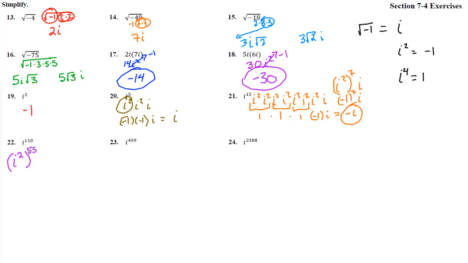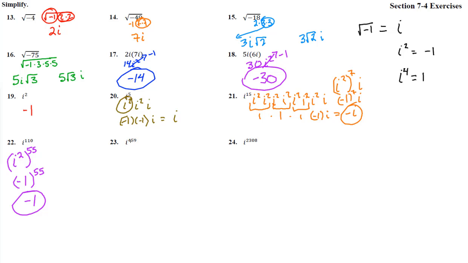There's 110 of them, so if we break them up into groups of 2, the i squared comes out and becomes a negative 1. So this is negative 1 all to the 55th power. Negative 1 to an odd power is negative 1. There we go. All right, next one.